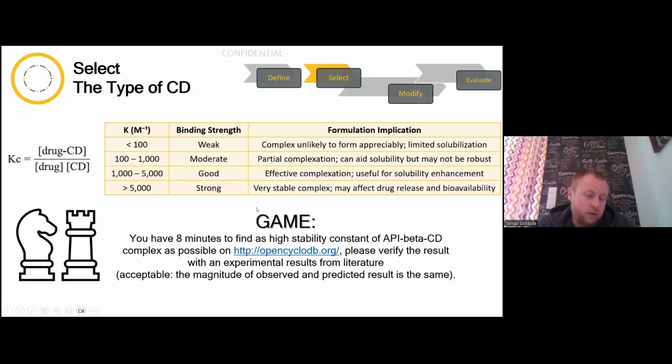But for sure, the stronger your complex is, typically, as a rule of thumb, the less cyclodextrin you have to use in order to solubilize your drug, so your chances are better and better. This is just a suggestion: if you want to play a game, try to find as high a stability constant as possible with a chosen API and cyclodextrins in this platform. This can be fun with students or so.